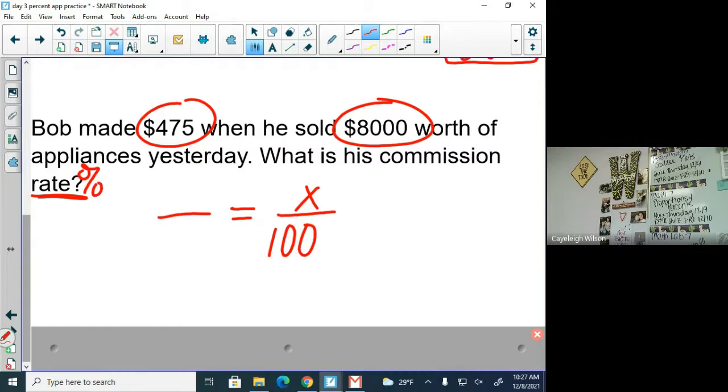They said that they gave him $475. That was his commission, and we said commission is always the part. So that's why the 475 is the part, and the 8,000 is the whole, because that was the whole amount they sold, and he got paid commission for the part. Can percent go into that?